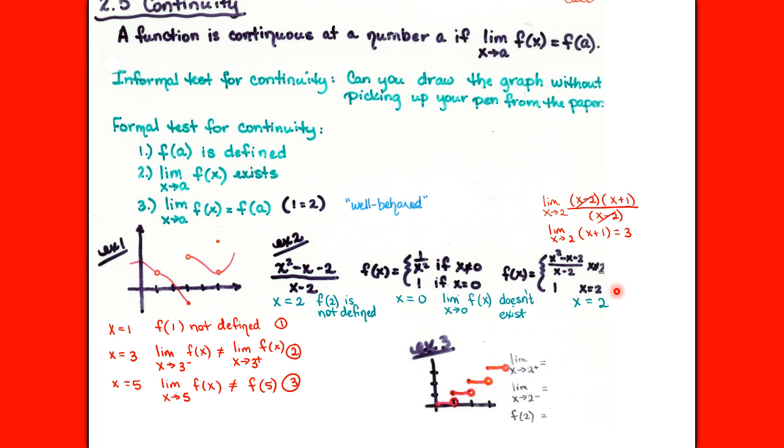Is the limit at 2 the same thing as f of 2? Well, the limit at 2 we just showed was 3, and f of 2, when x is equal to 2, the y value is defined as 1. So f of 2 would be 1, and the limit would be 3. Since the limit doesn't equal f of a, that would be my reason for discontinuity.